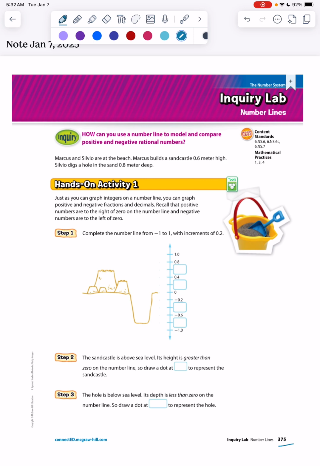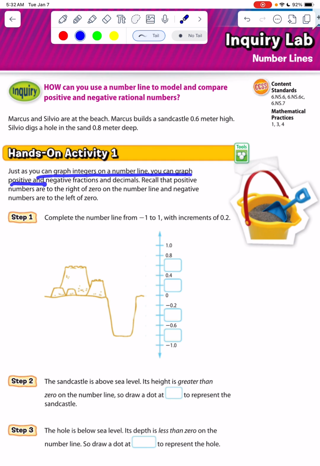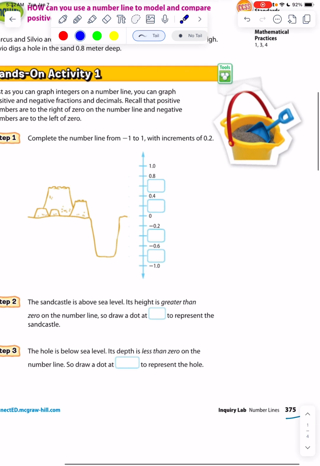So here we're talking about below ground in this first one. Let's see what's going on here. Just as you can graph integers on a number line, you can graph positive and negative fractions and decimals. Recall that positive numbers are to the right of zero on a number line, and negative numbers are to the left of zero. So this number line is just up and down.